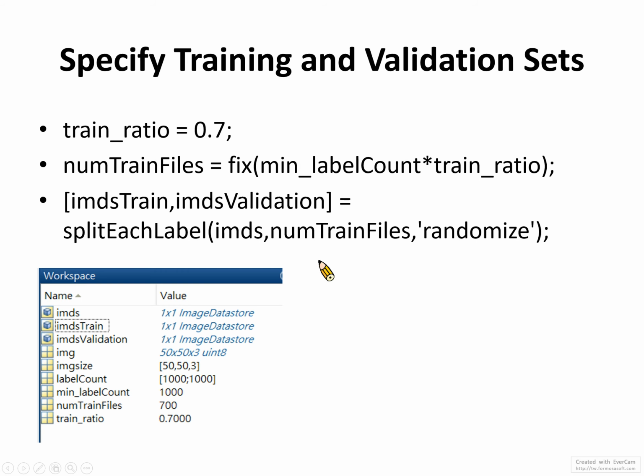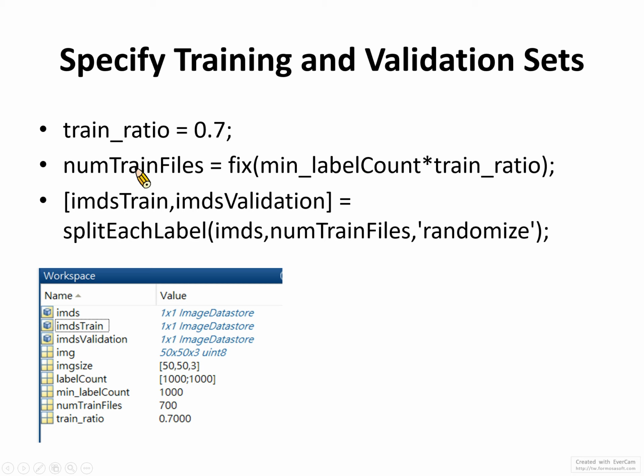Okay, so the next step is to divide the data into the training and the validation sets. Here I just use 70% as our training ratio, which means that we will divide the data into 70% training data and 30% validation data.